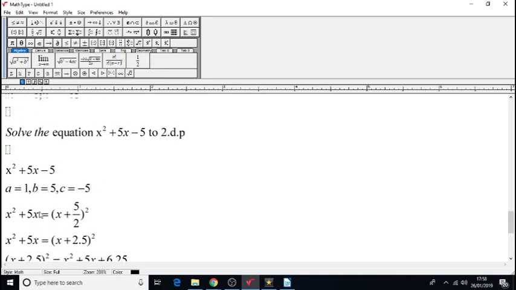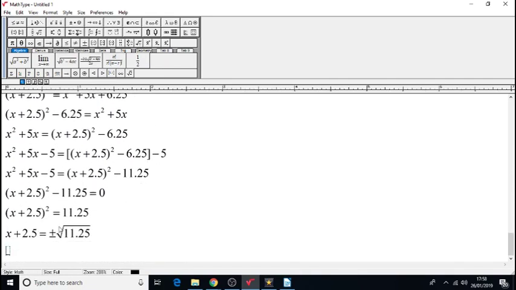Because this question wants us to do decimal places, we can do x is equal to positive square root 11.25 minus 2.5, because we want to get x on its own. We can just work it out and put it to two decimal places at the end. To get rid of the positive 2.5, we minus 2.5.